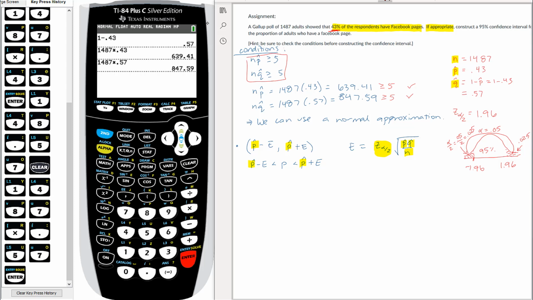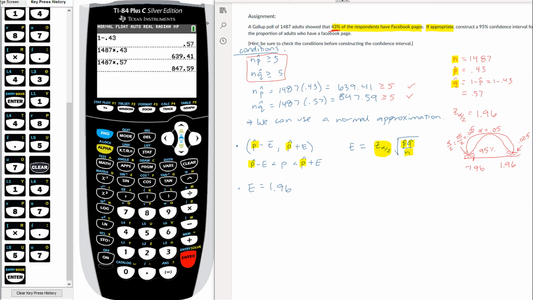Alright, so going back to the problem, we're going to go ahead and find E, which is the margin of error. Margin of error is z sub alpha over 2, which we said was 1.96, times the square root of p hat, which is 0.43, times q hat, which is 0.57, divided by n, and n is equal to 1487. And then we compute this on the calculator.